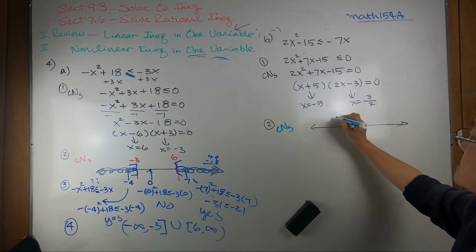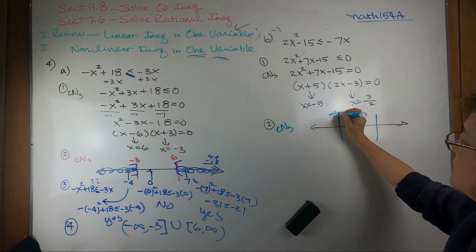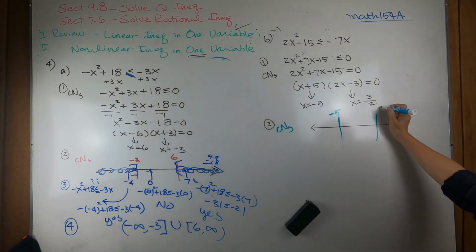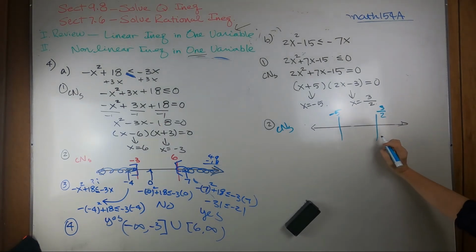Then with those critical numbers, one is negative 5, one is 3/2, we have 3 regions.